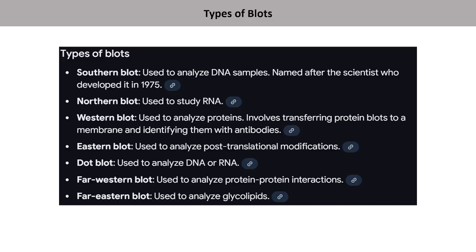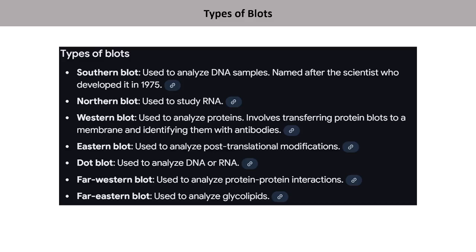So basically there are four main types of blotting techniques: Southern, Northern, Western, and Eastern. If you need to remember this, just try to remember the Southern blotting technique, which was the first technique, and anything that was first studied was our DNA. So the first technique to study the DNA samples was Southern blot, which was the name of the scientist.